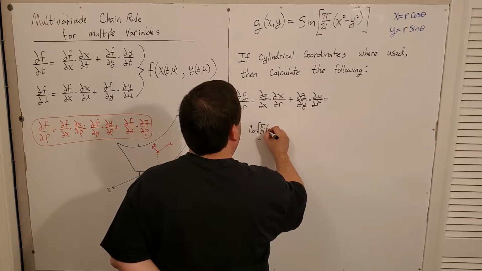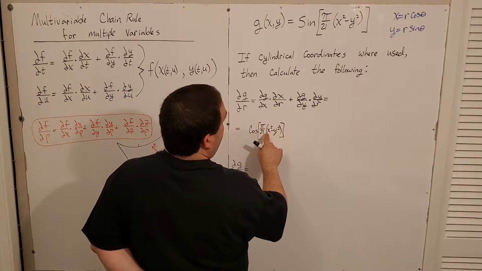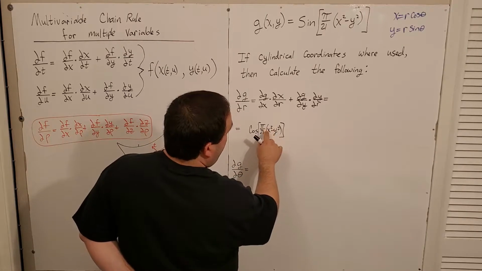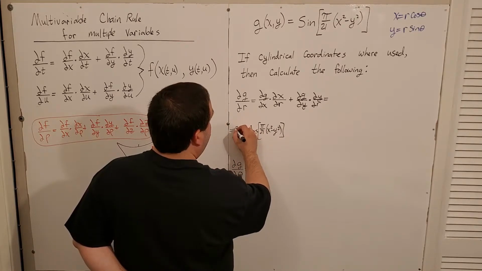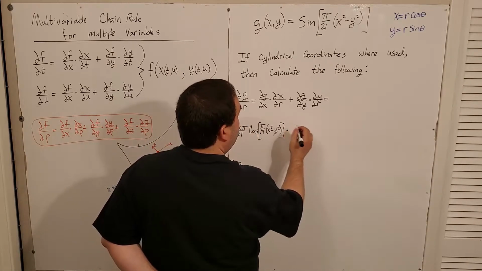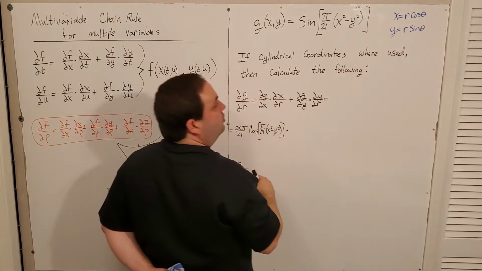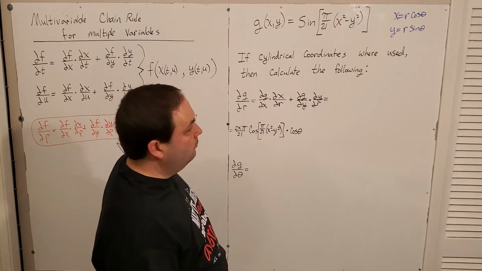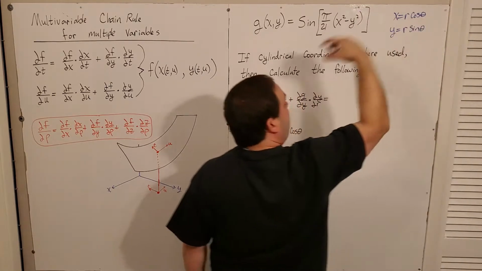Then I'm doing the inside derivative with respect to x only, so I'm going to have the 2x pi over 21 times dx dr. The partial of x with respect to r is just cosine theta, because I'm just doing the derivative of the r, and the cosine theta is along for the ride.